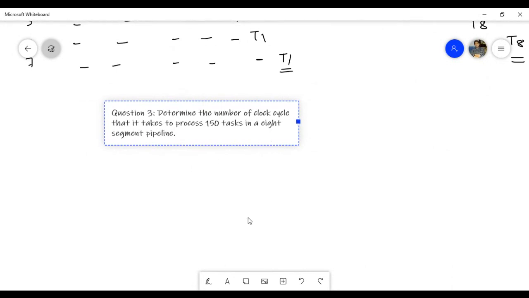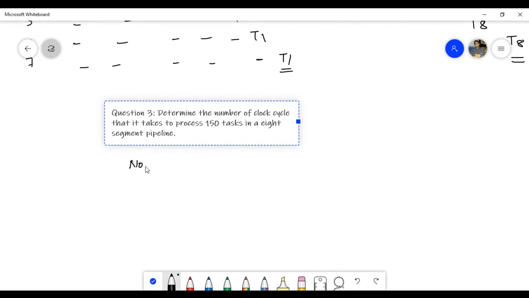Determine the number of clock cycles it takes to process 150 tasks in an 8-segment pipeline. Drawing the diagram for one task would take more space.